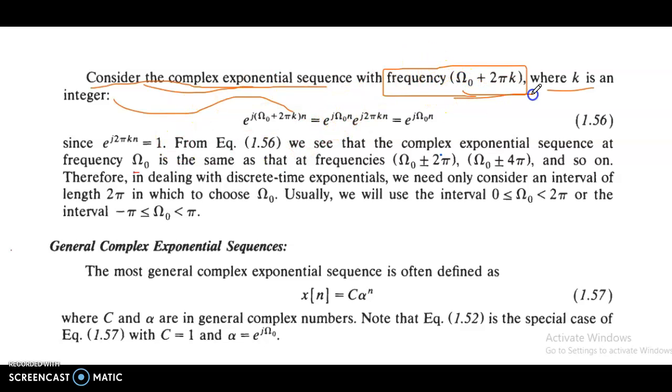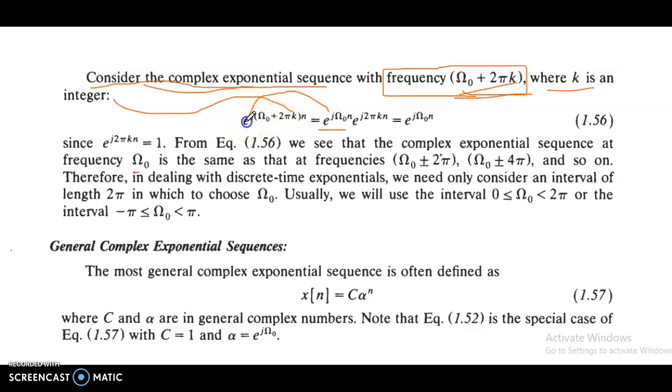This is the frequency in the complex exponential sequence, that is omega naught plus 2 pi k. Here k is an integer.